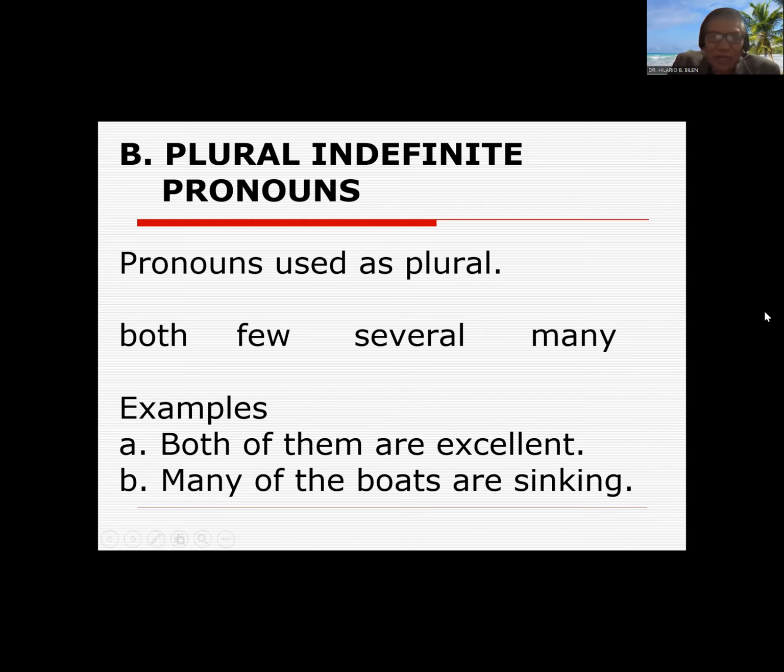I hope there is no question as of the moment. We will go with the plural indefinite pronouns. Pronouns used as plural. Ibig sabihin, plural form ang gamit niya po.